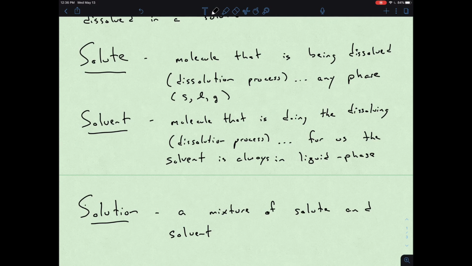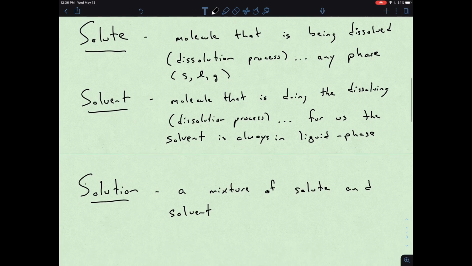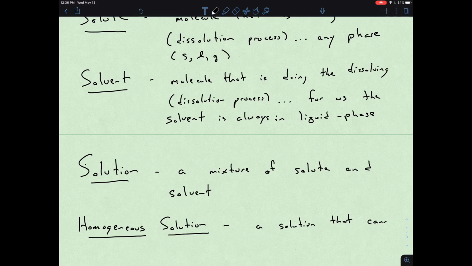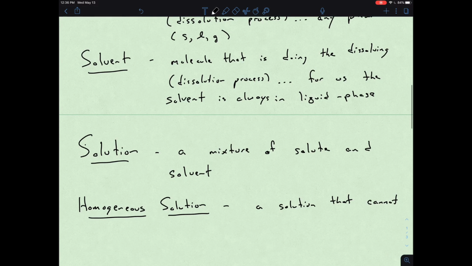We've already talked about some of these types of mixtures, right? We could have a homogeneous solution, which is a solution that we cannot tell visually that it is a mixture.